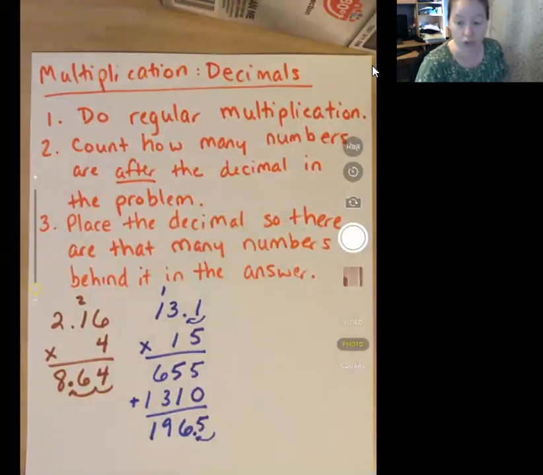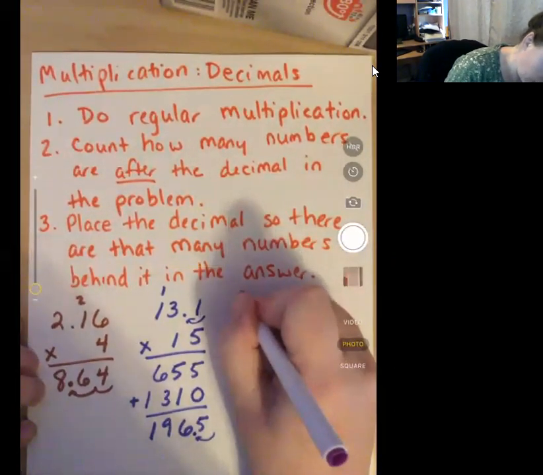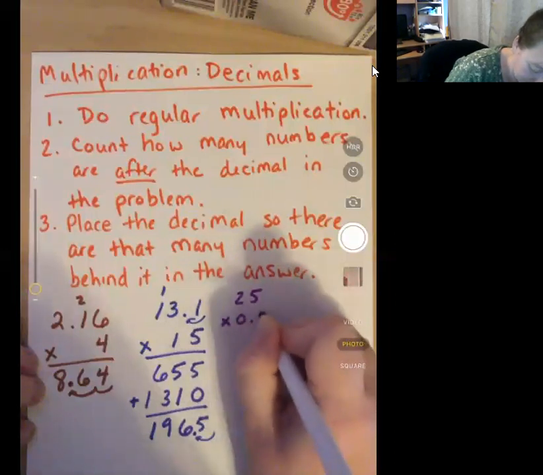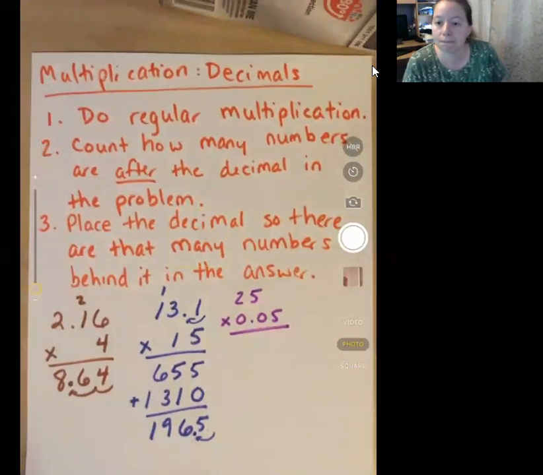Now, sometimes you end up with something like this. Let's go with 25 times 5 hundredths. Okay? I know our thing is a little skewed.